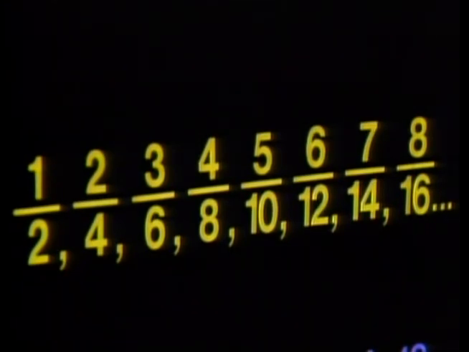Let's look at some particular examples. We know that the whole number 1 can be written as the fraction 1 over 1. It won't change the value of the fraction to multiply numerator and denominator by 2, giving us 2 over 2.